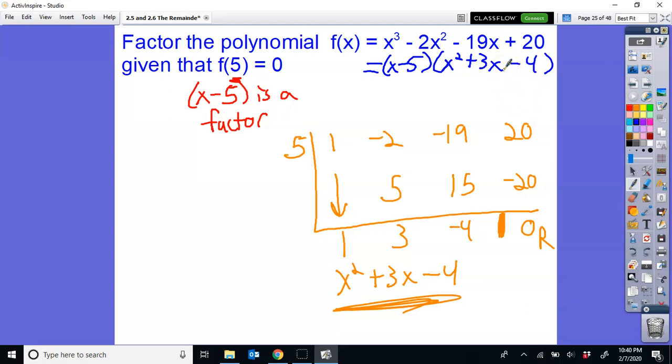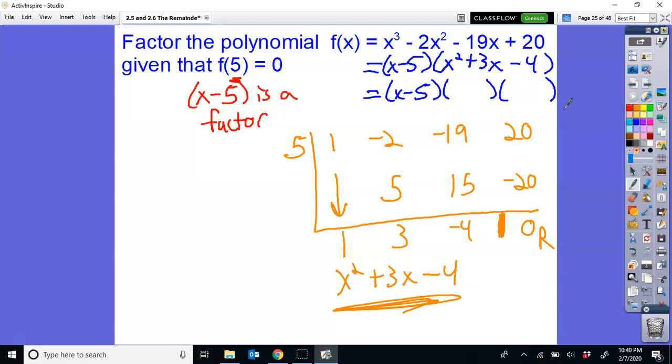Now, notice that the one on the right there can be split up some more. You can actually split this up a little bit more. And so what we're going to want to do when we are factoring something is be able to factor it completely.